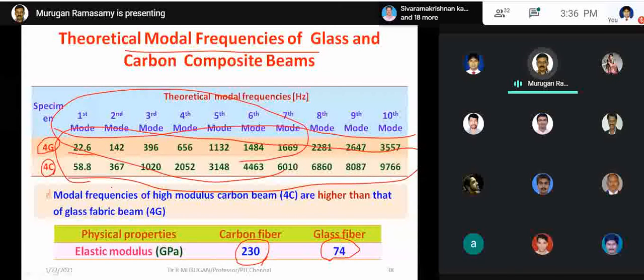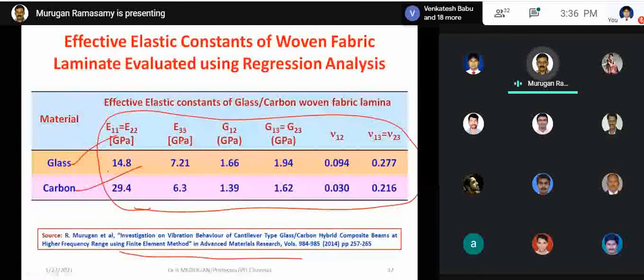Once the frequencies are matching, if you get plus or minus 5% error, then we stopped the iteration. At that particular stage we can conclude that those elastic constants can be used for further analysis. That is why we used the term effective elastic constants.